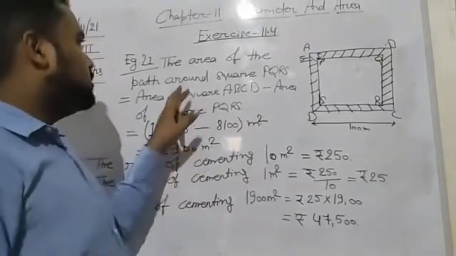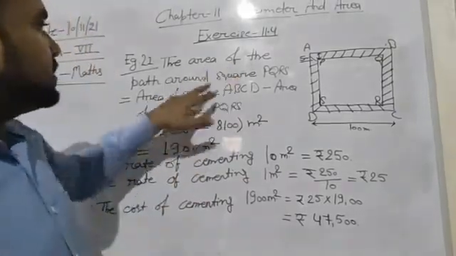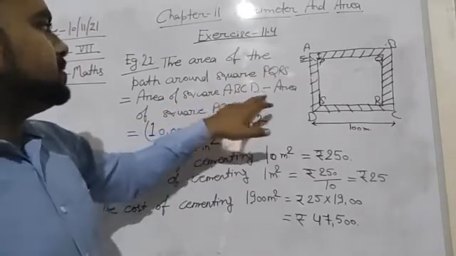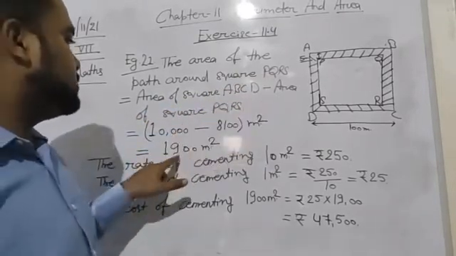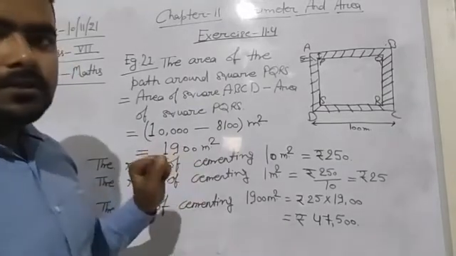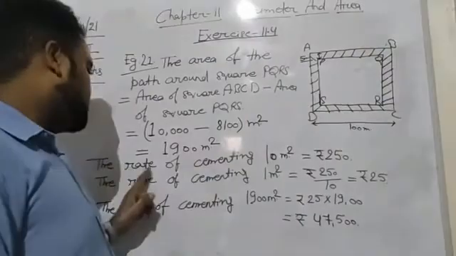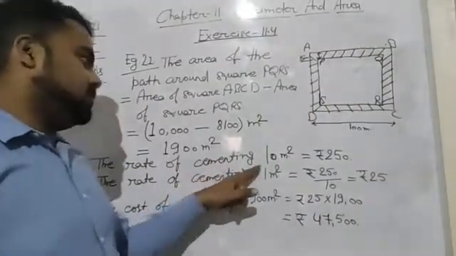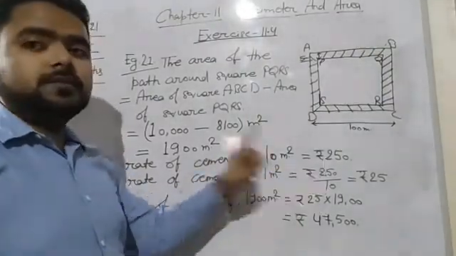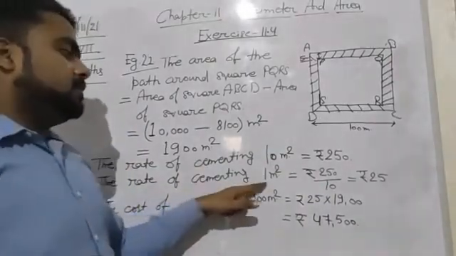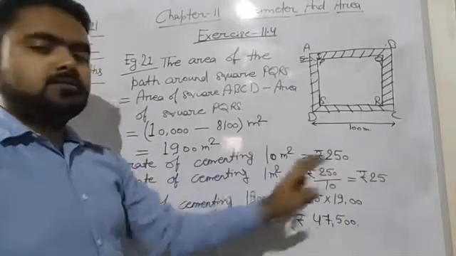Okay, now as we have to find the area of the path around the square PQRS, the area of square ABCD minus the area of square PQRS is 1900 meter square. Okay, so now what is the cost of cementing? As the rate of cementing 10 meter square is given as rupees 250, from here we find the rate of cementing for 1 meter square area is rupees 25.